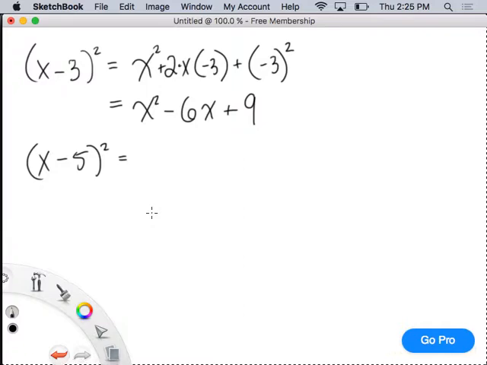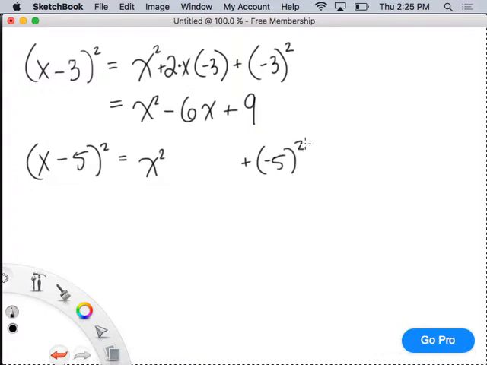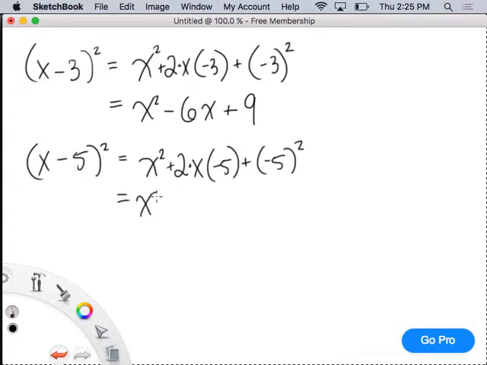Okay. Square the first, square the last, negative 5 squared, multiply and double. So that's the doubling. 2 times x times negative 5 equals x squared. Positive times negative is negative. 2 times 5 is 10x. Plus negative 5 squared is positive 25. You guys got this? Understanding it?